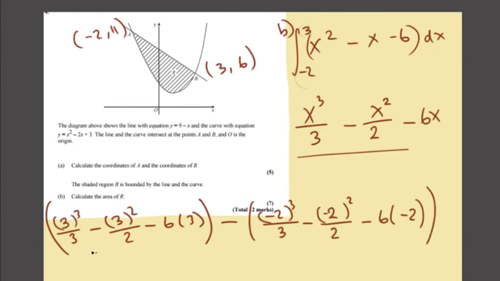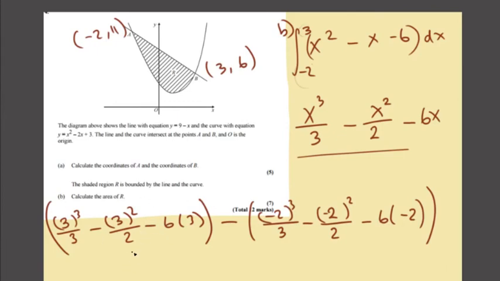Close big brackets. Now put all of that into your calculator. Sometimes they'll be way too long to put into the calculator in one go, so you can put them in individually.